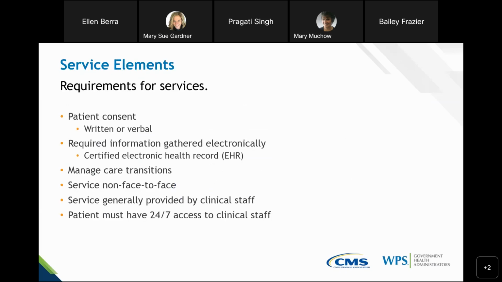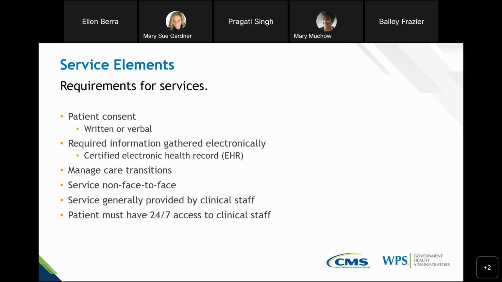So let's talk about some of the service requirements. Well, the first thing is the patient does have to consent. It's not something you can do without asking them for. That consent can be verbal or written, and it can be gathered by either the clinical staff or the physician or practitioner.